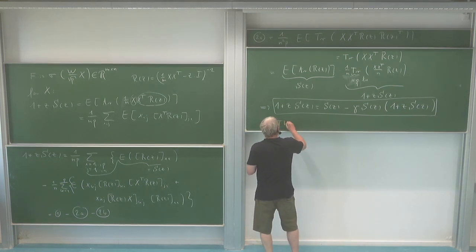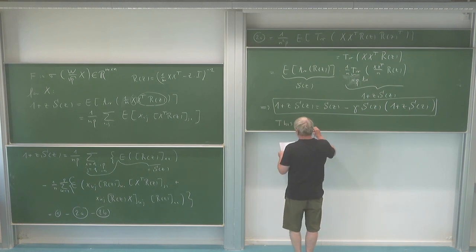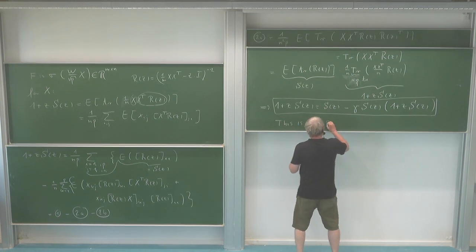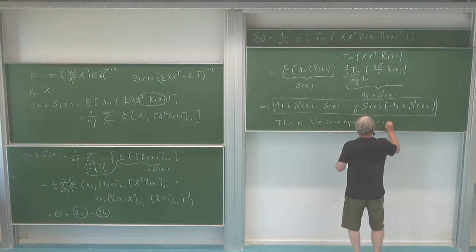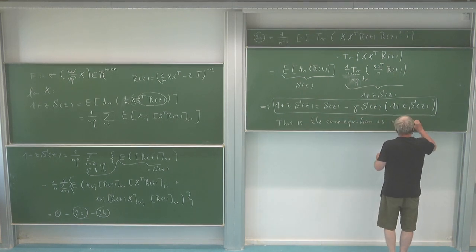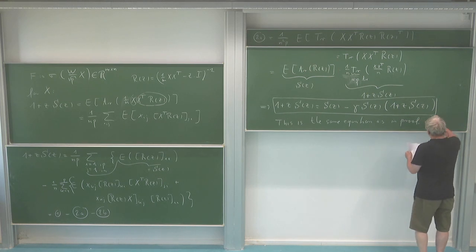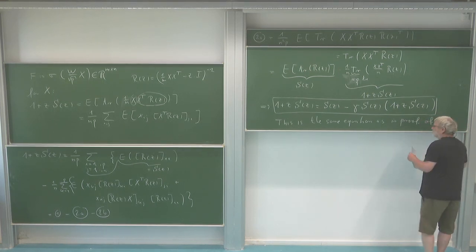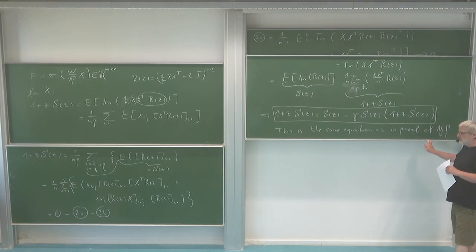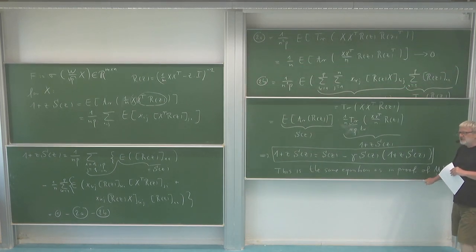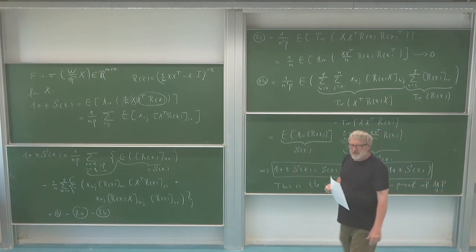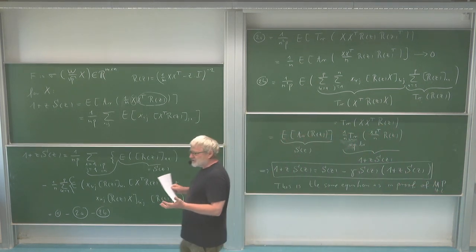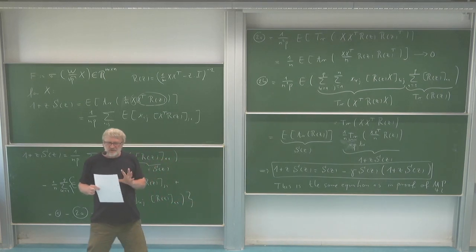So this is the same equation as in our original proof of Marchenko-Pastur, which was theorem 4.2. So we have now a different proof, which is using different tools. The general idea is the same: try to get an equation for the Stieltjes transform, but we did it in a somewhat different way.